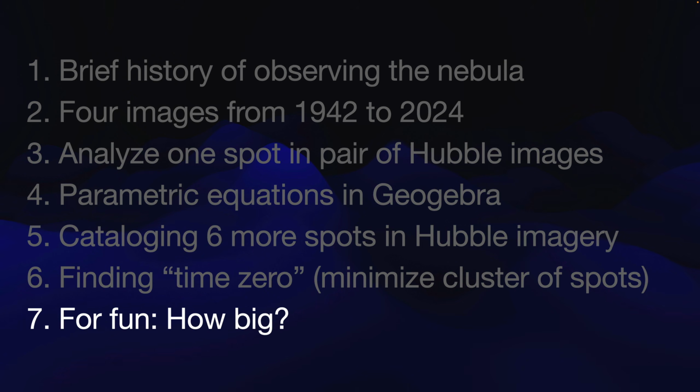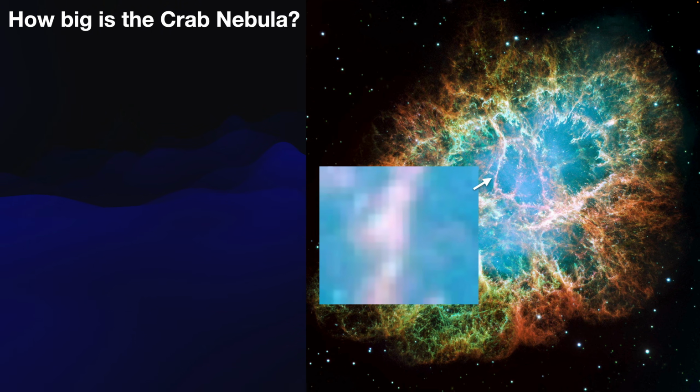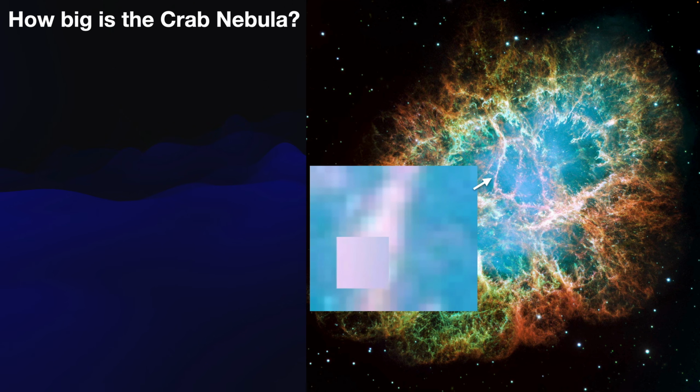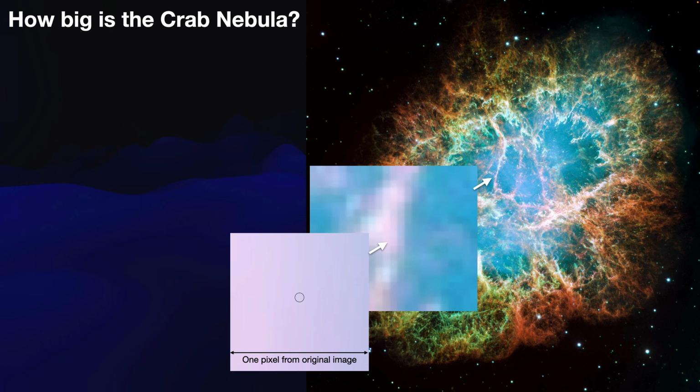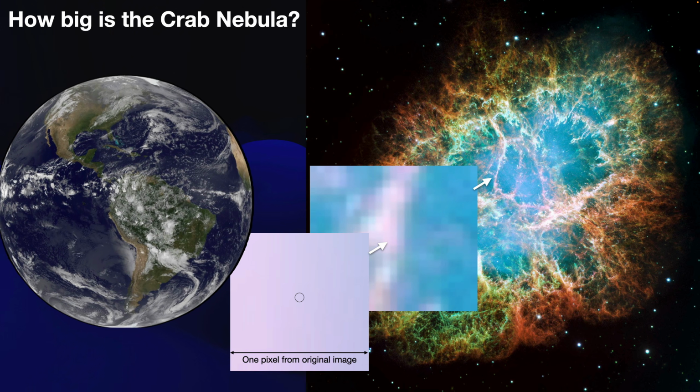So just for fun, how big is the Crab Nebula? So let's just zoom into a little strand of filament, and let's zoom in some more until finally we're just looking at 1 pixel from the original source image. Now, what is that little circle that I've drawn? Is that circle the size of Earth?